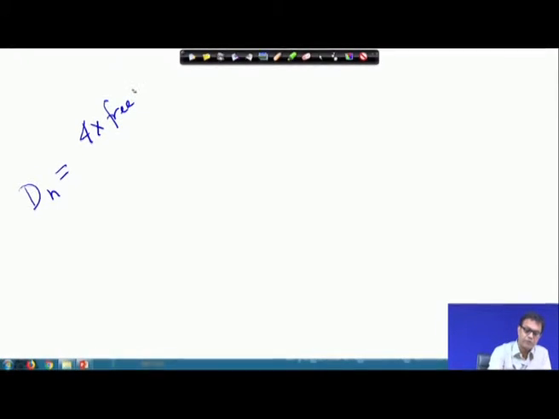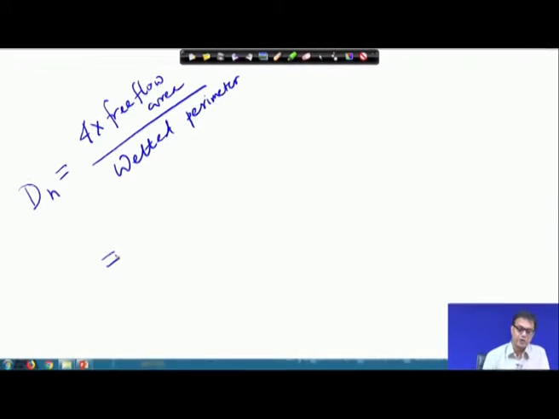If we multiply both the numerator and the denominator by the length, we find that this is 4 A 0 L divided by P L, and P multiplied by L is nothing but the heat transfer surface area.